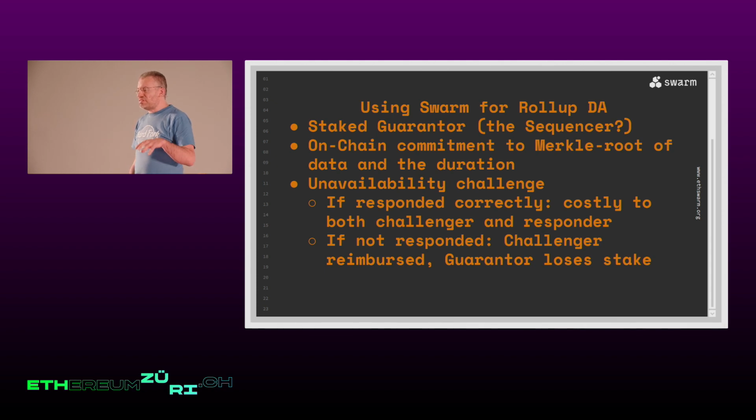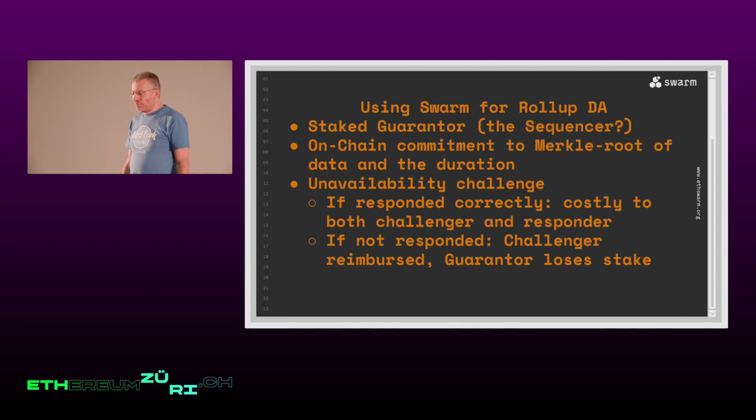And there's this smart contract to which they committed, and one particular transaction type with which you can communicate with this smart contract is an unavailability challenge, that you can claim as a user that, hey, this specific transaction, which is number whatever in this Merkle tree, is not available. I claim that this is not available. I could not download it from Swarm.